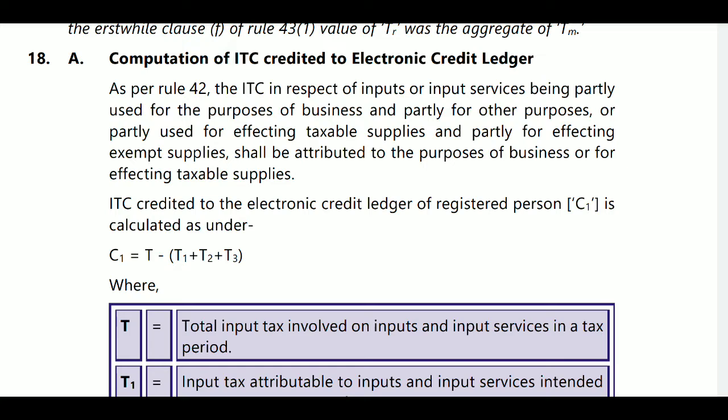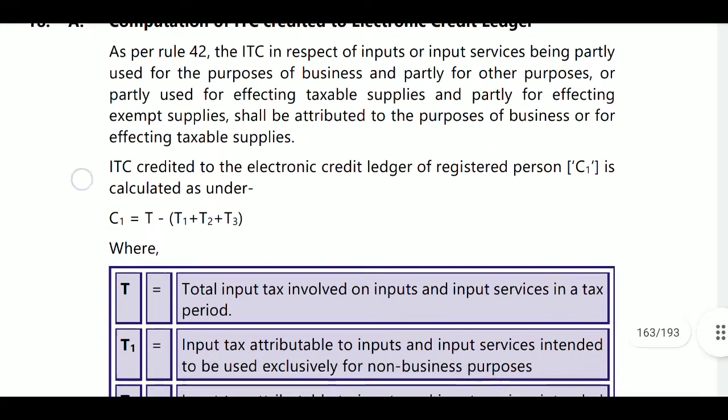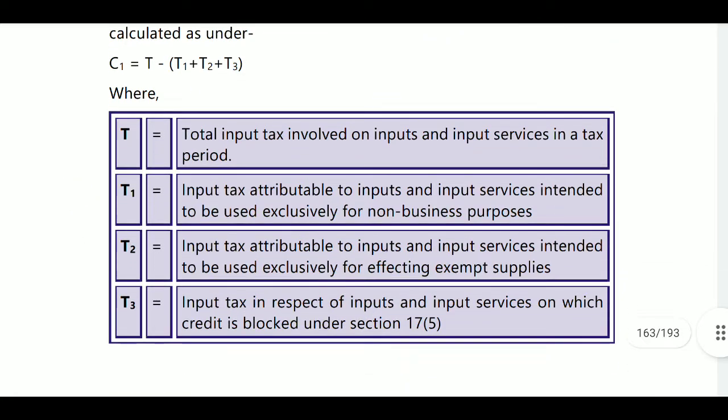There is non-business purpose, that is, some rent was for personal use and some GST for personal use, that is non-business purposes. Next, T2 will be related to effecting of exempted supplies. Here there are exempted services, relating to some GTA cases, for exempted supplies and non-taxable supplies.